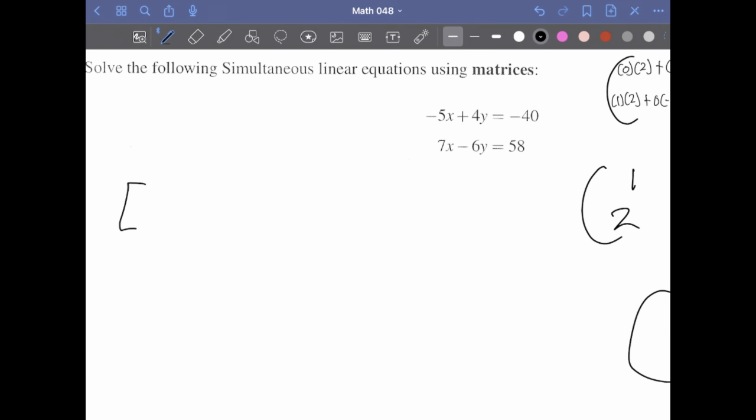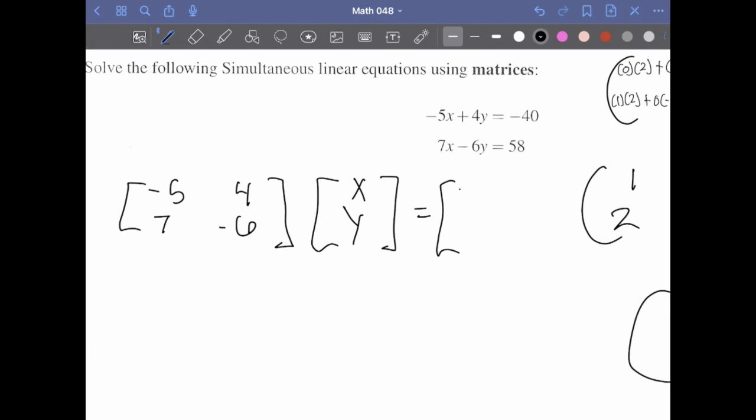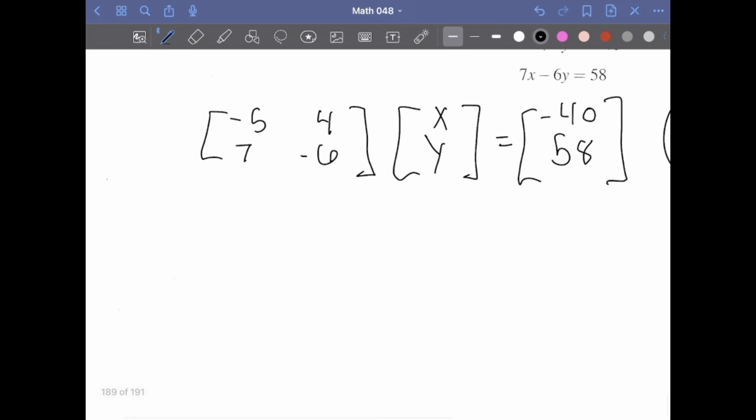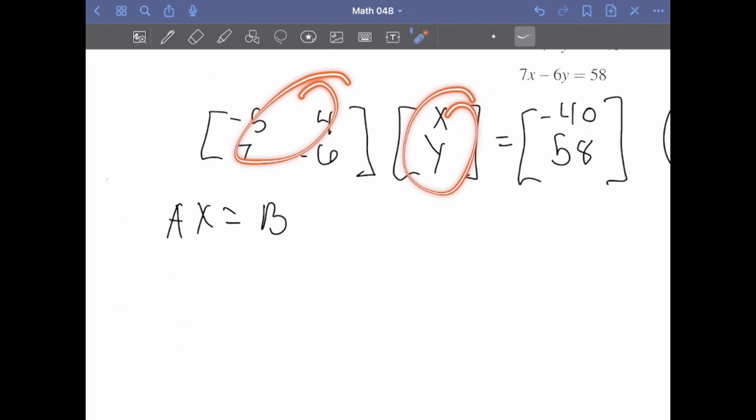So we have negative 5, 7, 4, negative 6, and then we have x, y is equal to negative 40, 58, right? So AX is equal to B, and this is A, this is X, and this is B, right?